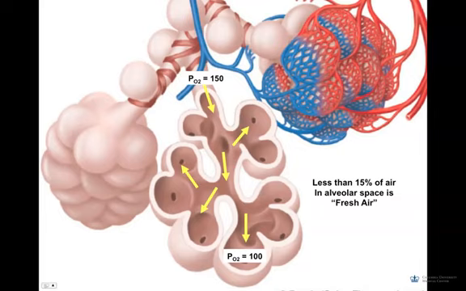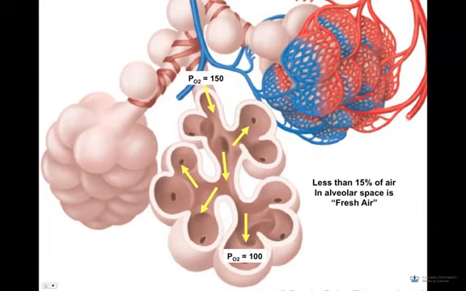And the reason why the PO2 drops is because the air in the alveolar sacs does not completely refresh with every breath. In fact, only about 15% of the air in the alveolar sacs when we're breathing quietly is composed of freshly inspired air, or this newly inspired air.